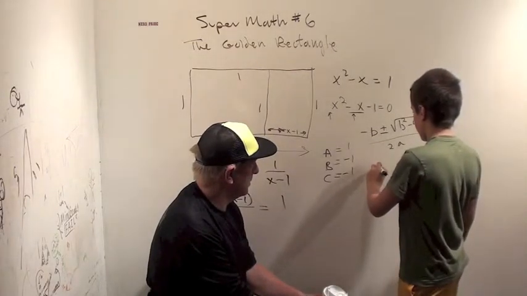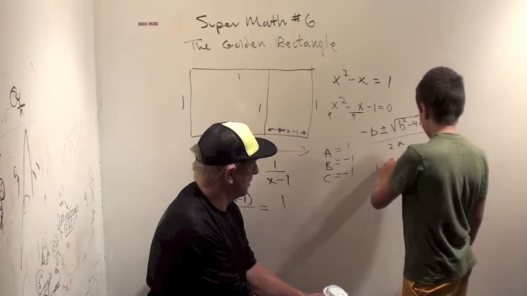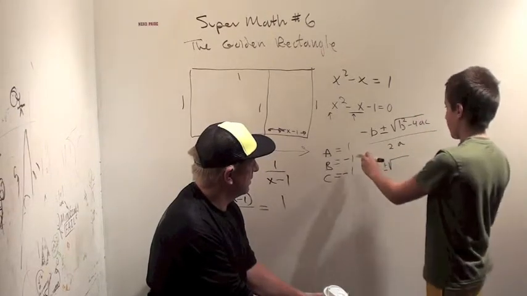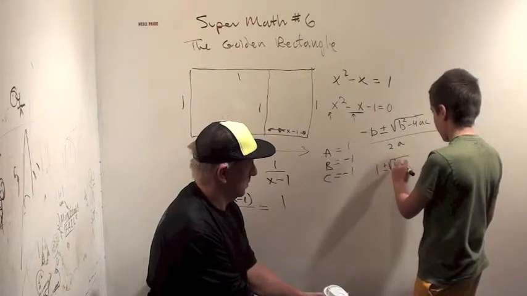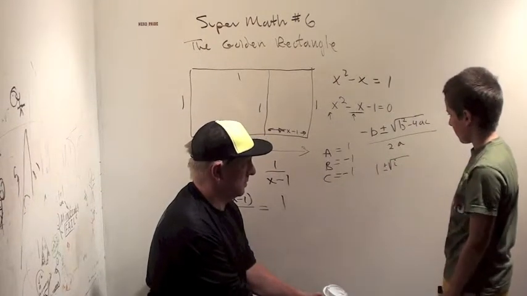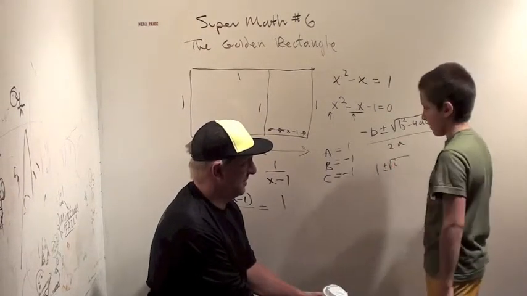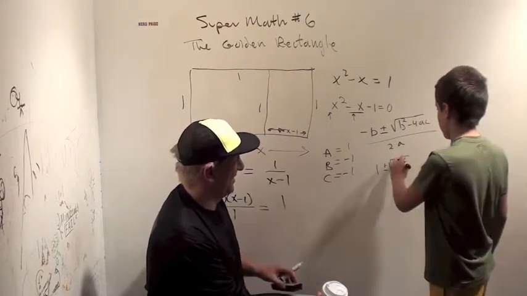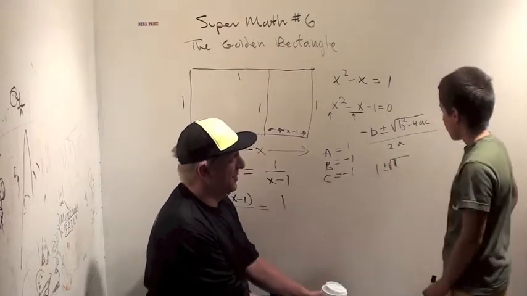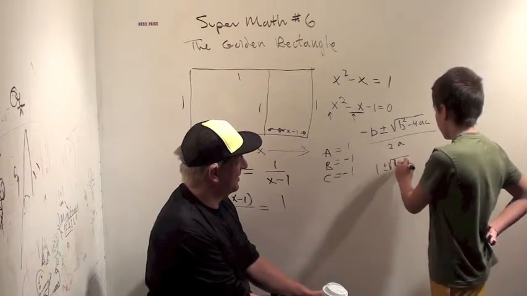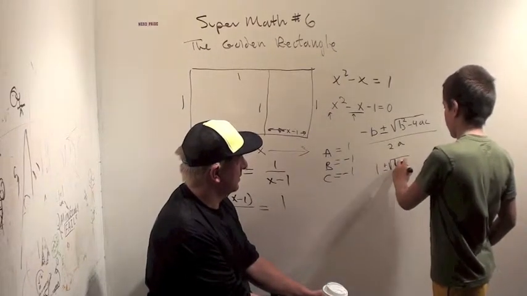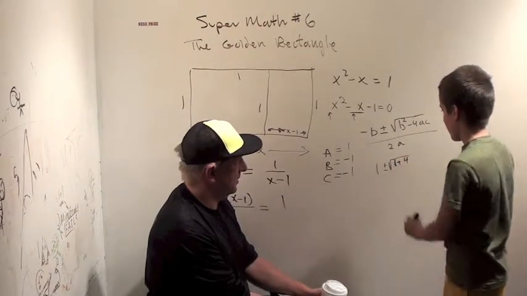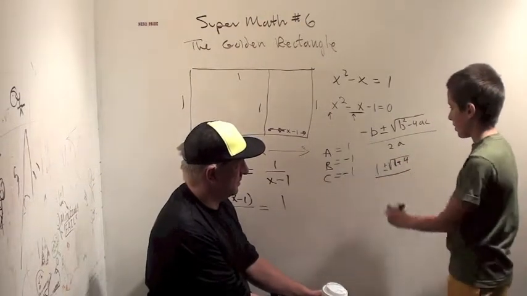So we get 1 plus or minus the square root of, minus 1 squared is 1, minus 4ac, which is plus 4, all over 2.